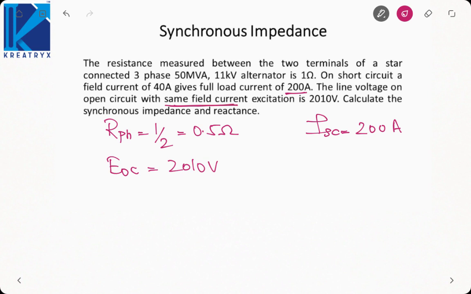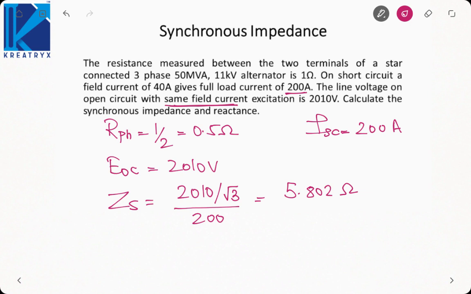So if you want to find the synchronous impedance, it will be open circuit voltage by root 3 divided by short circuit current. So how much will this come out to be? 5.802 ohm. What about synchronous reactance?